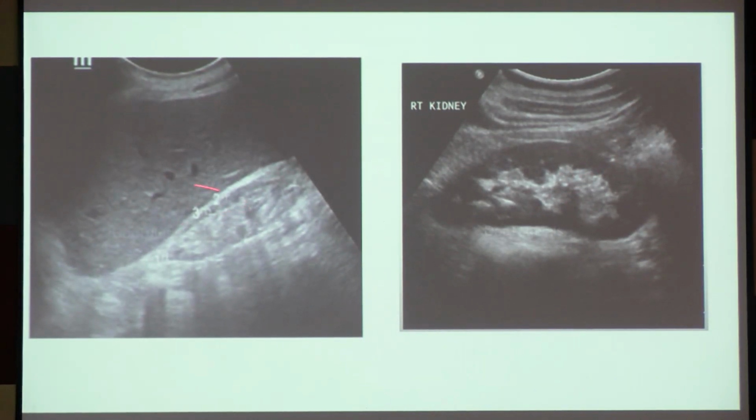We can now see that it has become even brighter. The cortical area has become even brighter. So what does it signify? It signifies the disturbance of the corticomedullary differentiation, which happens in patients who have chronic renal disease, CKD patients.